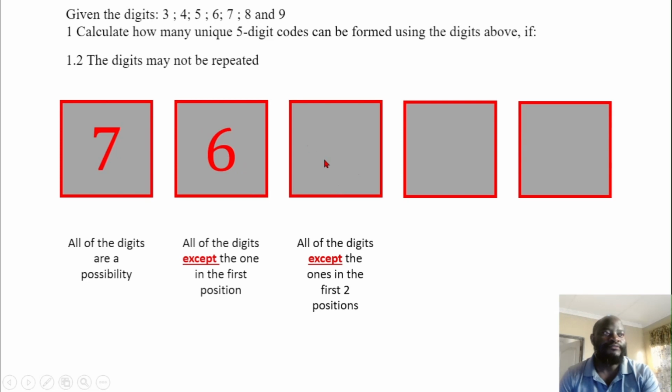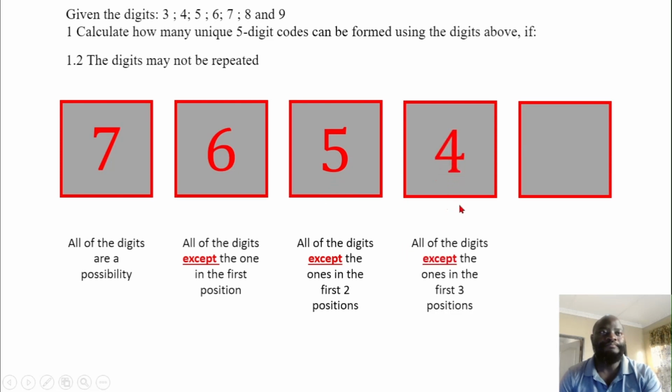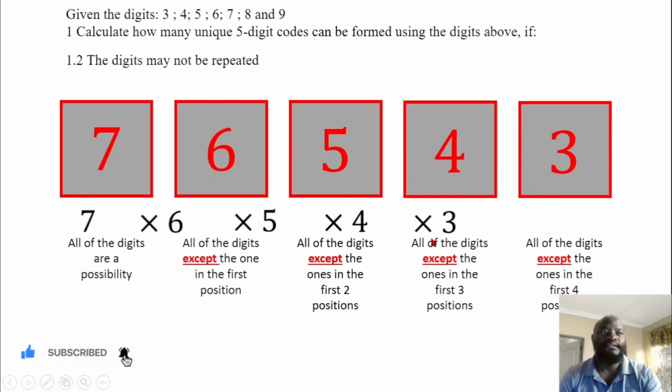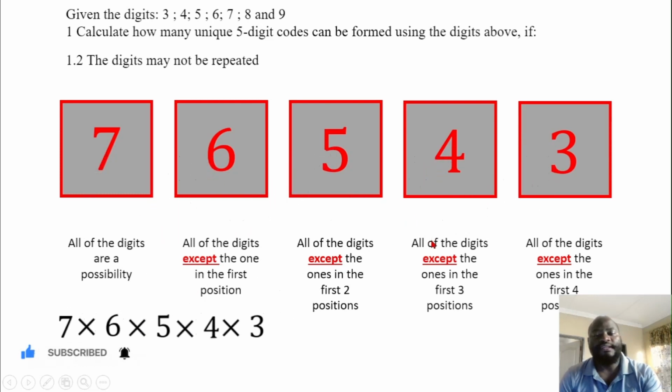So which means we have only 5 of them left to use. And then this goes on like that. And then we will have a 4 here. Again, we have all of them except the first 4 here. And then it means we'll have a 3 here. Then again, we just multiply these numbers. And multiplying these numbers gives us 2520. Nice.